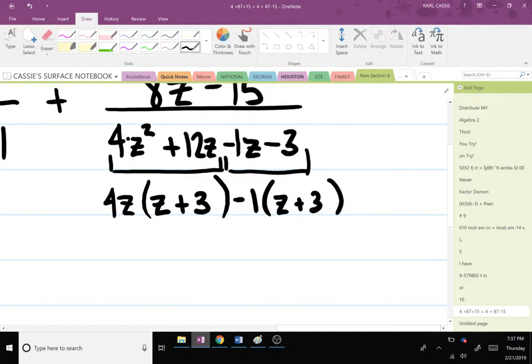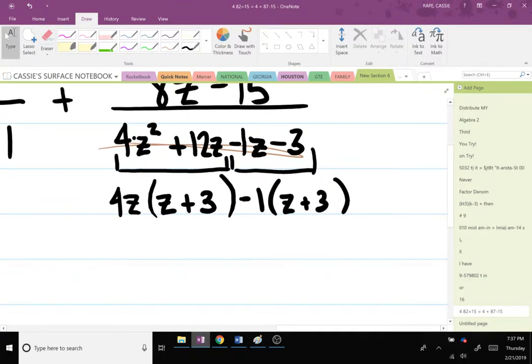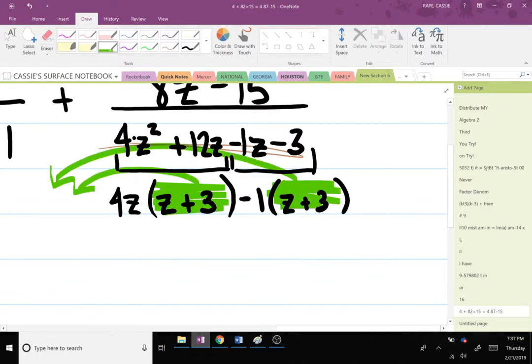So I've rewritten this, and I'm just going to kind of mark it out a little bit. I've rewritten the four-termed polynomial as this, 4z times z plus 3 minus 1 times z plus 3. Now, notice you've got a common factor here and here that you can basically undistribute out.